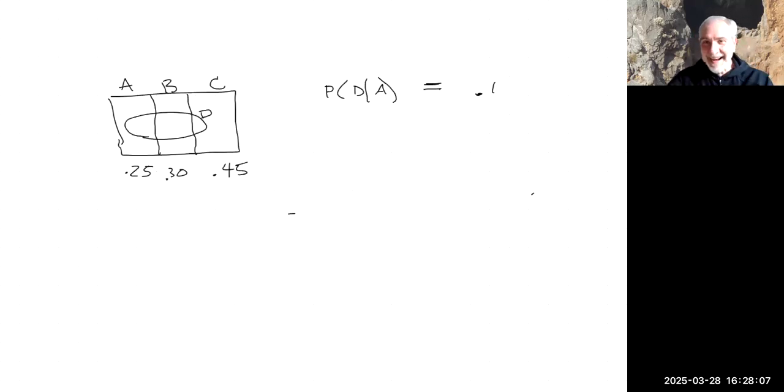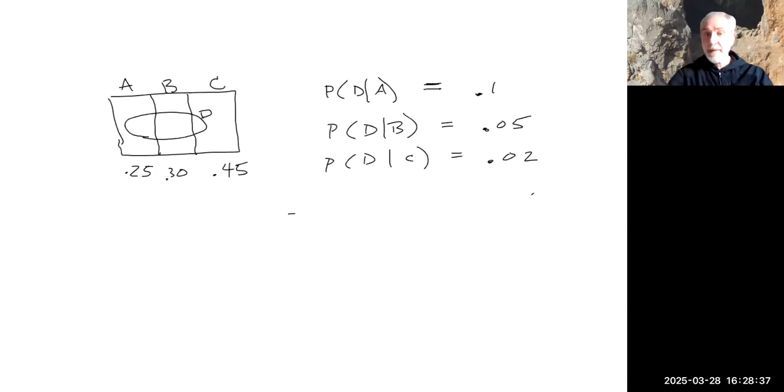Okay. Let's say that the probability of being defective given that it came out of B, let's say it's a little bit newer facility and we're only losing 5% of those as defective. And let's say finally we have the probability of being defective given they came from C. And let's say that's an even better facility. And let's go with 0.02, whatever it might be. Okay.